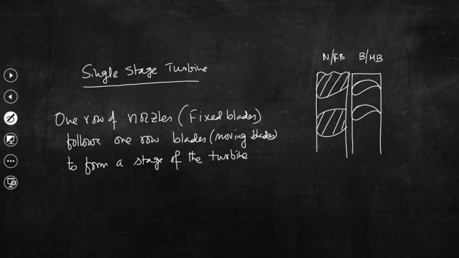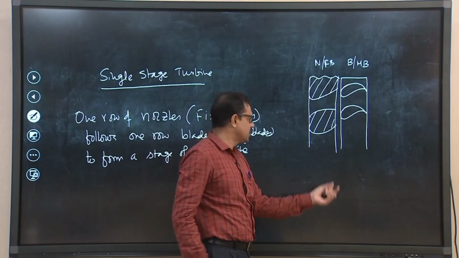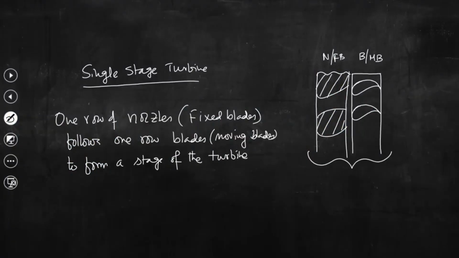This is the first row of nozzles, this is the first row of moving blades. These two rows together constitute a stage of a turbine, right.